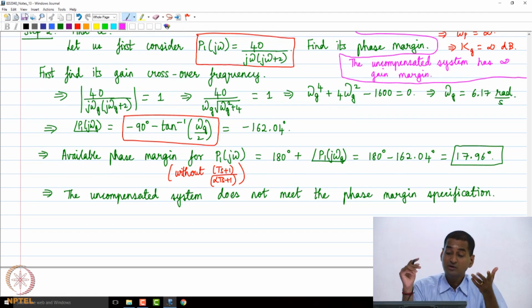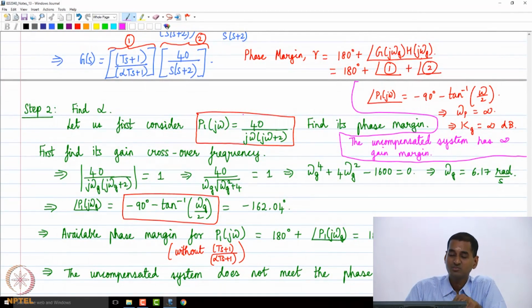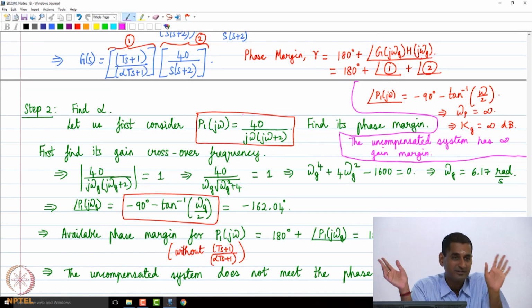So now what should be the minimum phase that the factor Ts plus 1 divided by alpha Ts plus 1 should add as a lead compensator to ensure that the phase margin goes to at least 50 degrees? The factor 2 P1 of S gives a phase margin, that is 180 plus the phase, of around 18 degrees.